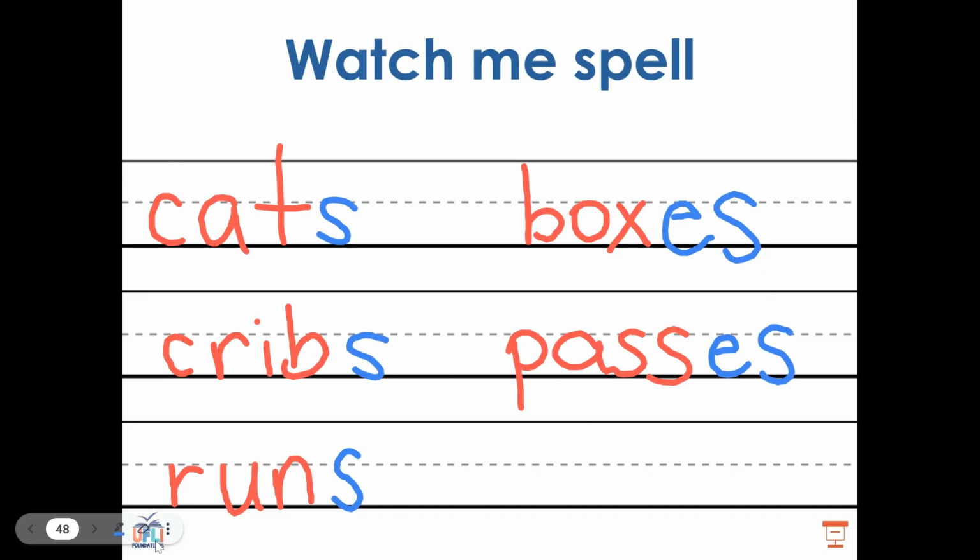Let's try one more. Let's take a look at this word. What word did I write? Well done, I wrote the word mass. M-a-s-s, mass.